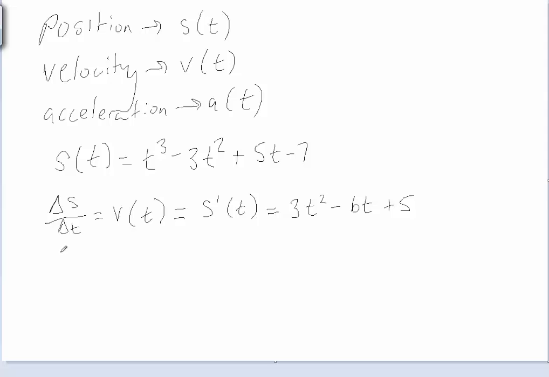And then for acceleration, that's how velocity is changing. So am I accelerating, am I decelerating, am I speeding up, slowing down? So that's going to be our acceleration, which is simply the derivative of velocity, or what's the rate of change of velocity.